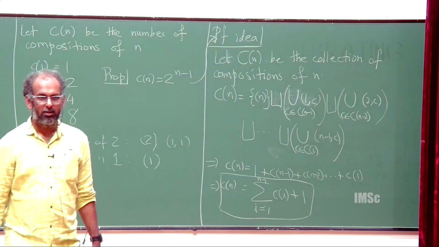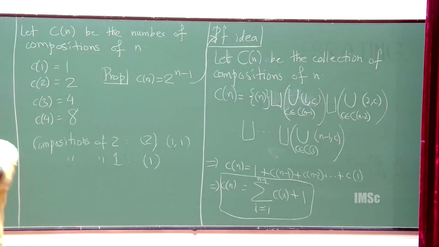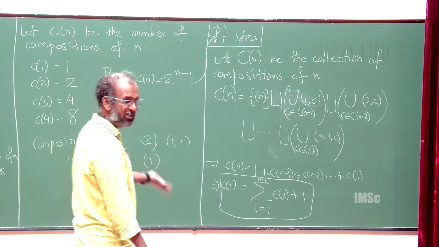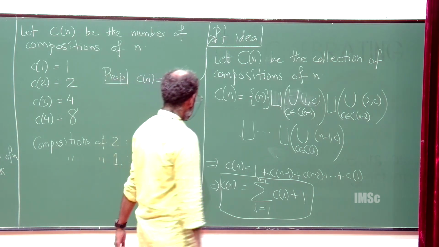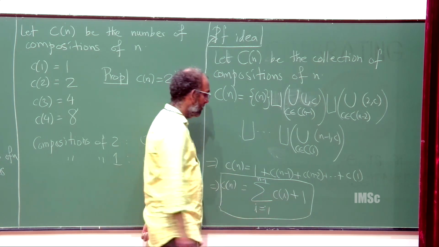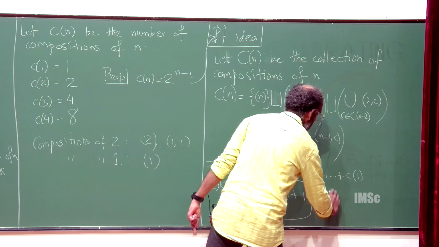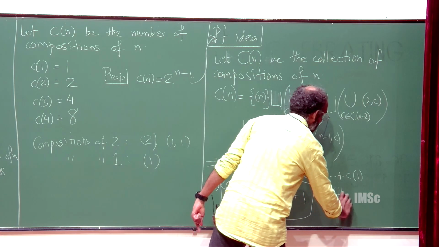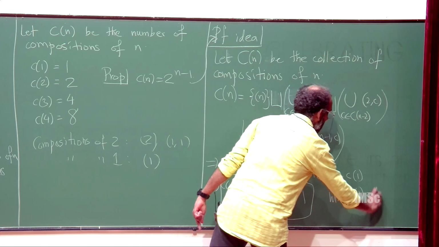And now as he said, you can use induction. Once you have a formula like this, we have to give ourselves an initial condition, because we are writing c of n in terms of all the smaller c of i's. The initial condition is c of 1 equal to 1.